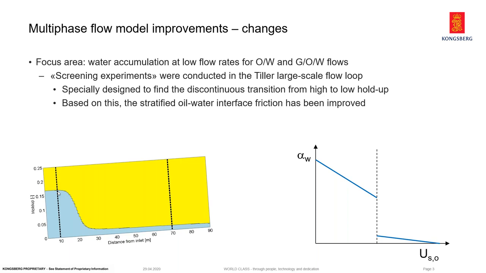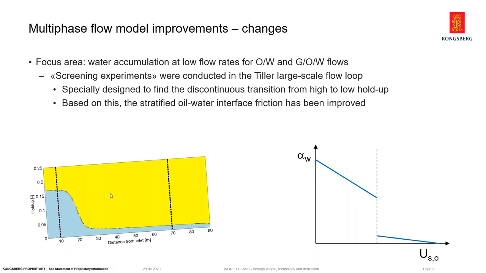It's possible to get both the low and the high holdup solution in this single experiment. So you can get this jump in the middle of the pipeline, and then the low holdup and the high holdup can be measured.